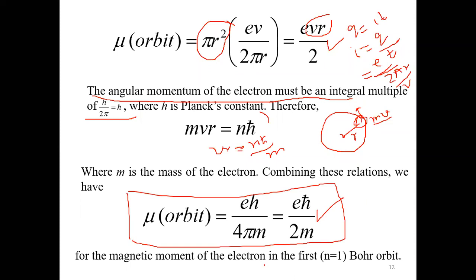In this case we calculated the magnetic moment in the first Bohr orbit, n equal to 1. So e h cut by twice m is known as the Bohr magneton, and this mass is the mass of an electron. So due to the charge of the electron, it has a magnetic moment, and this magnetic moment is e h cut by twice m e.